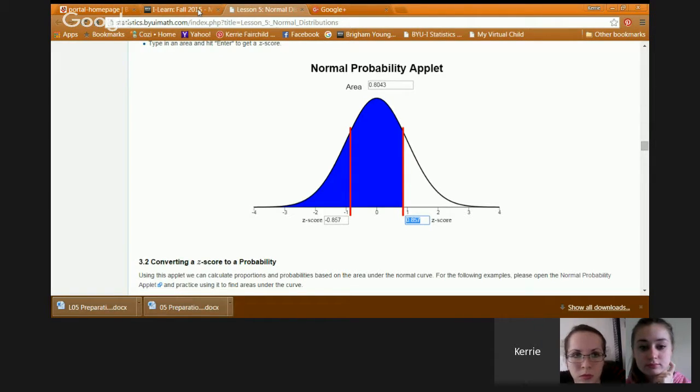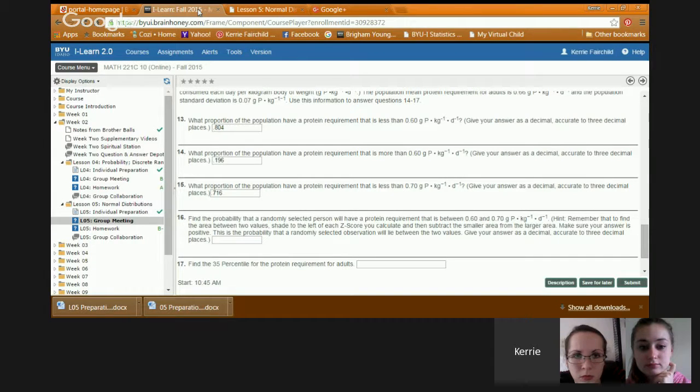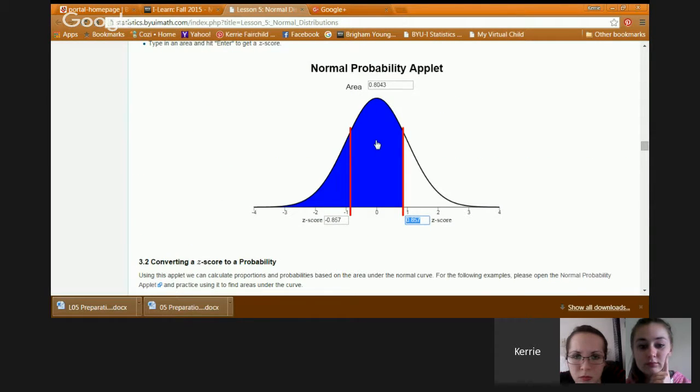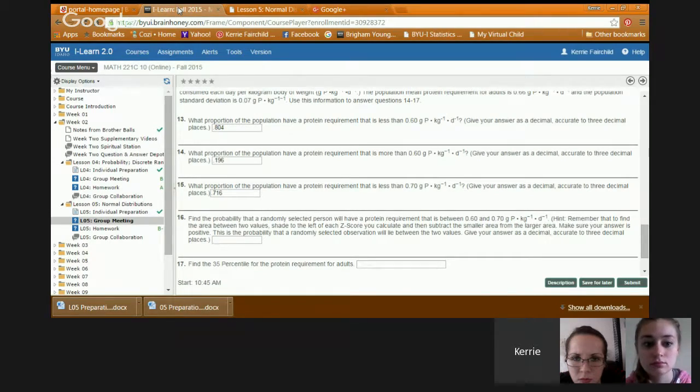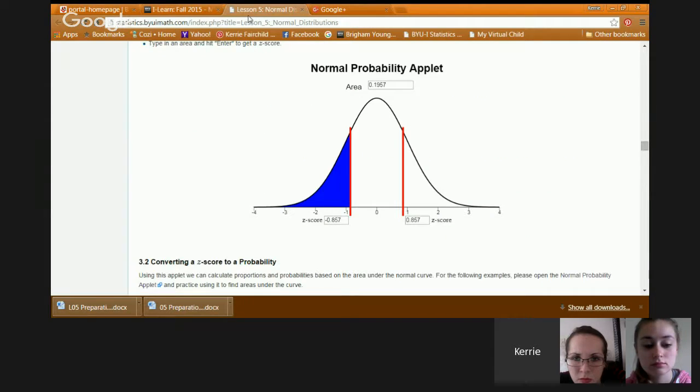And then the question asks, what proportion of the population have a protein requirement that is less than 0.60? So 0.60 should be left of the mean. It should be here. So I don't think this part should be highlighted. I think this part should be highlighted for number 13. And then when it says how much is more, then this should be 14.